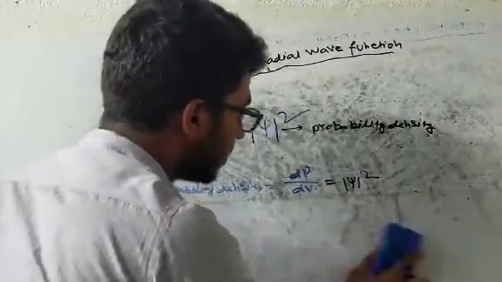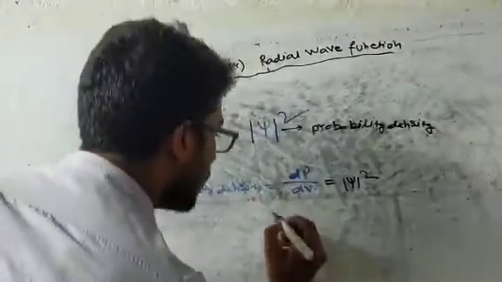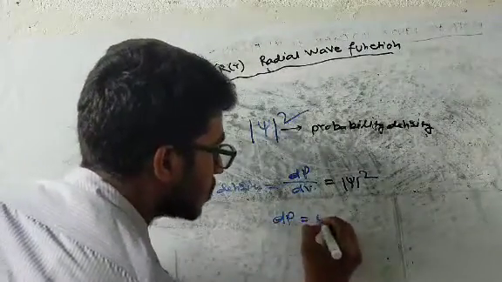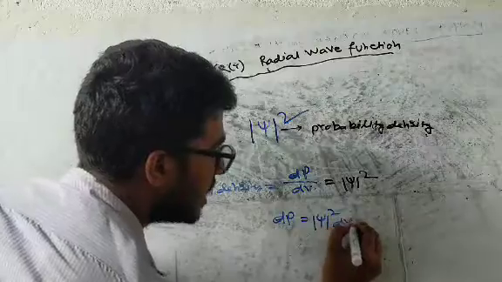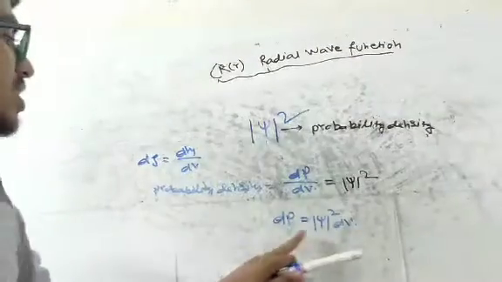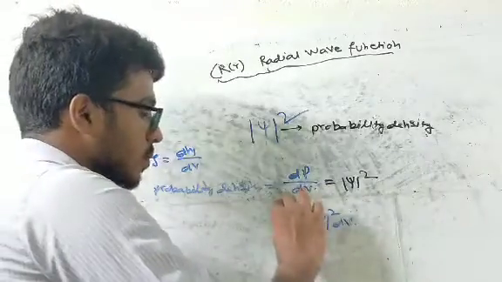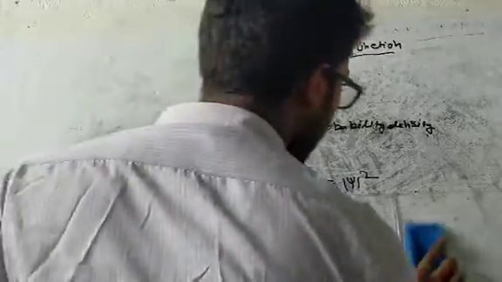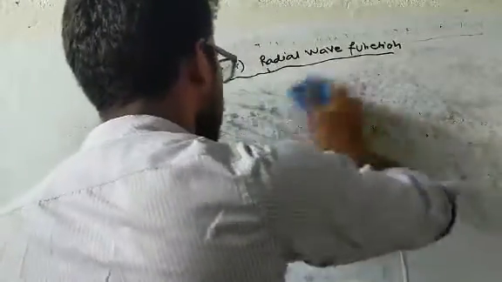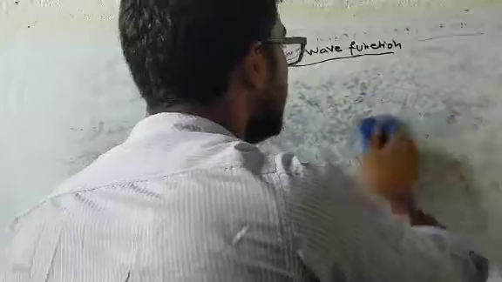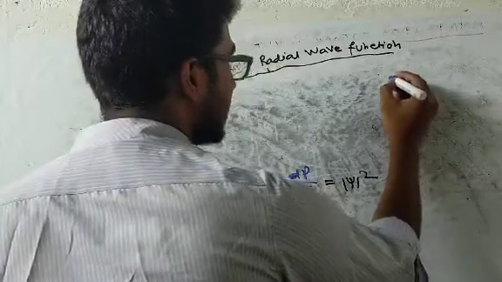Let's first take the physical interpretation of this equation, dP equals psi square dV. What does this dP mean?